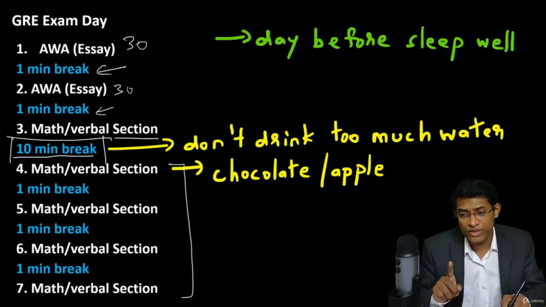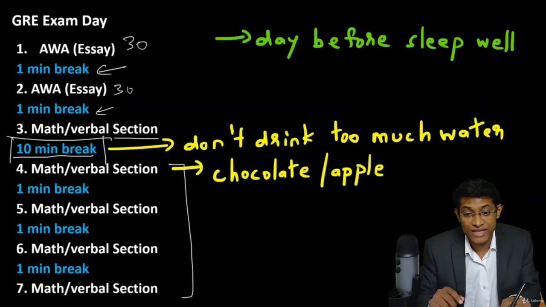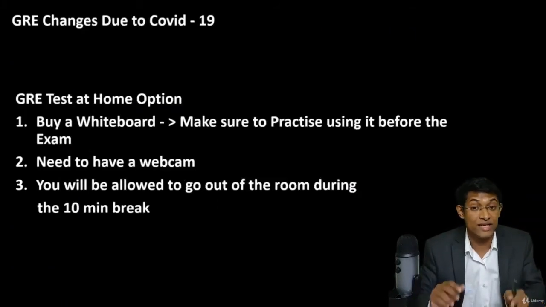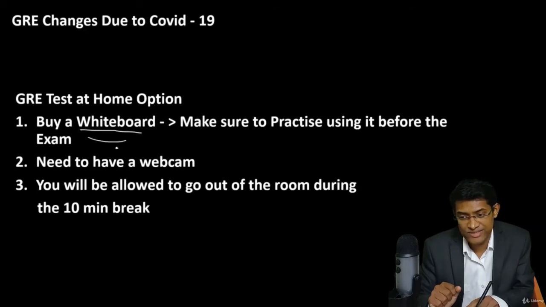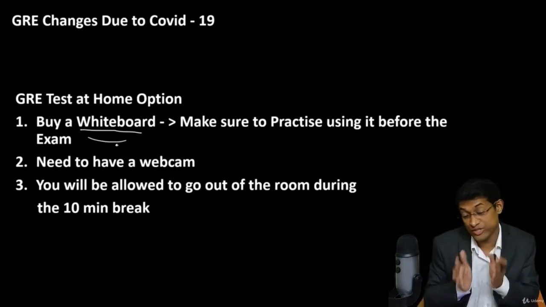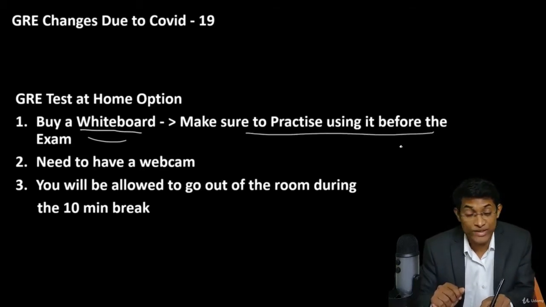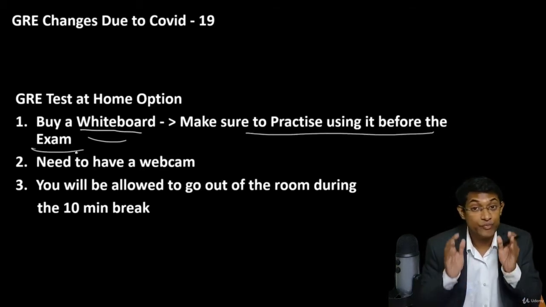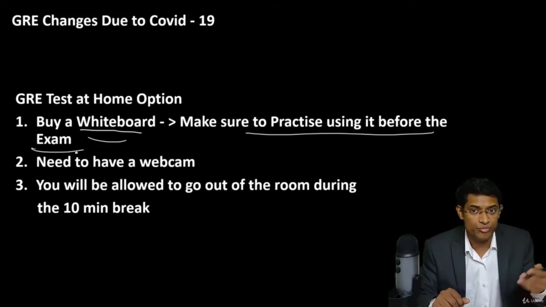All right. Now, let me quickly close this with some of the changes that GRE has done with respect to COVID-19. GRE has given the option to take the exam from your home. Now, you need to buy a whiteboard for this. This is the most important point which people generally tend to overlook. Make sure to practice questions using this whiteboard before the exam, because the feeling is different from writing on pen and paper.